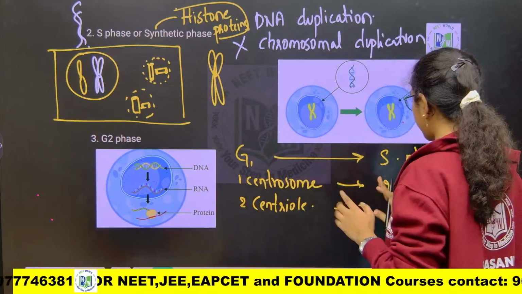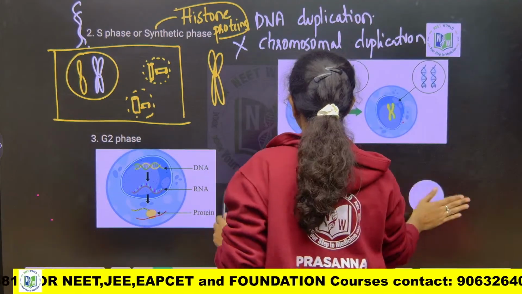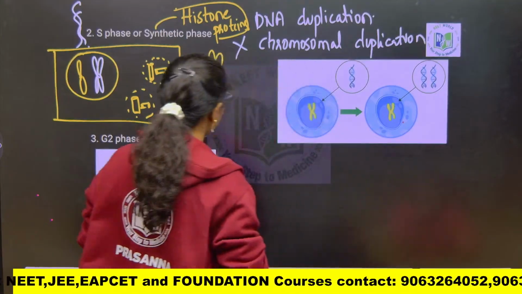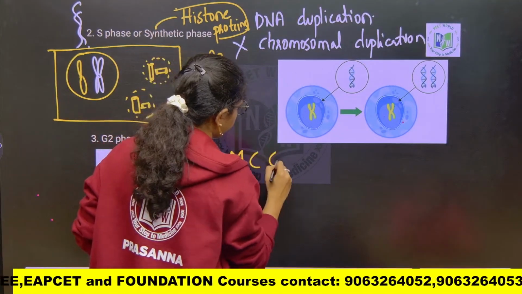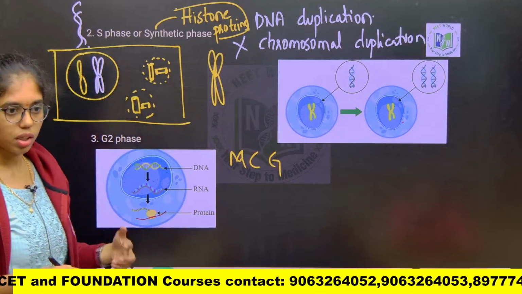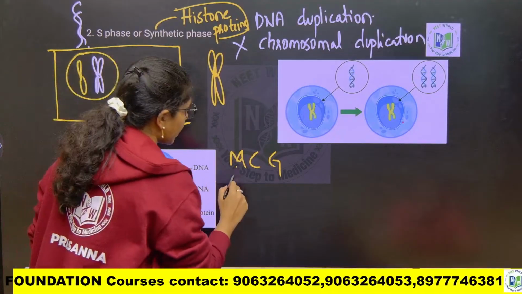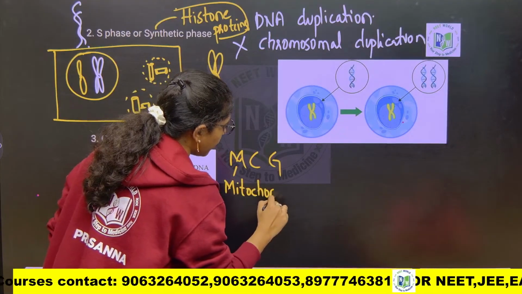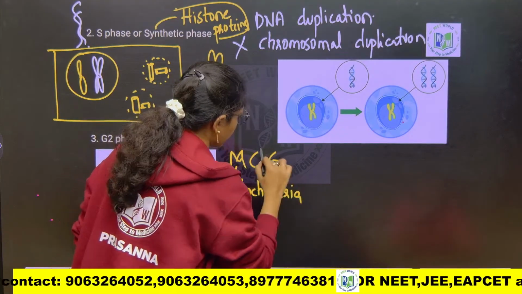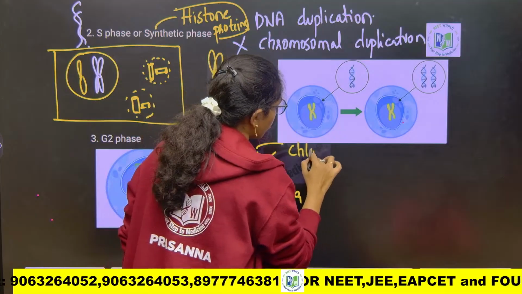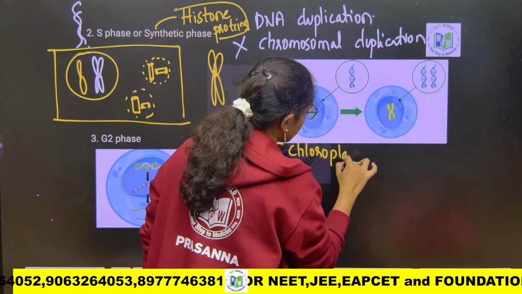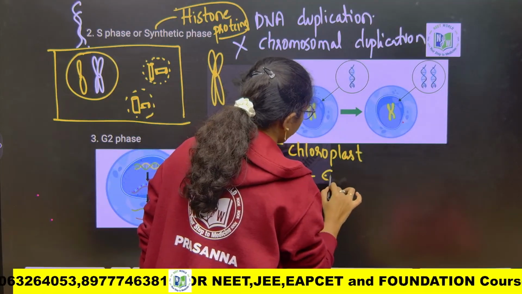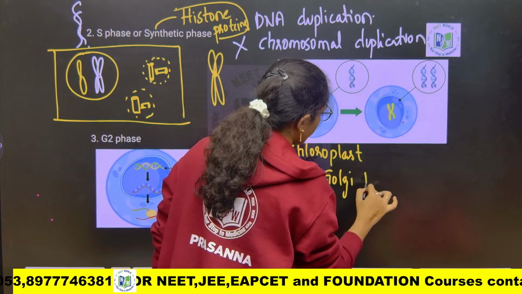Coming to the G2 phase, the major organelles duplicated you can remember with a mnemonic, MCG or CMG, any mnemonic you want. What are the organelles that are duplicated? Mitochondria, very good, mitochondria, chloroplast and Golgi apparatus or Golgi bodies.